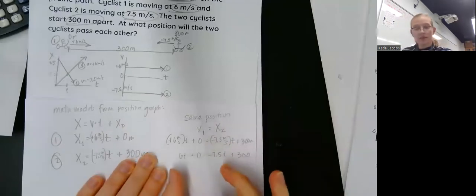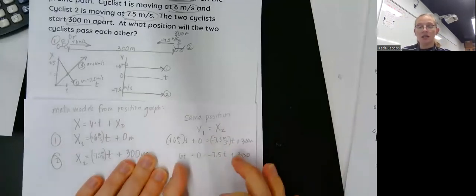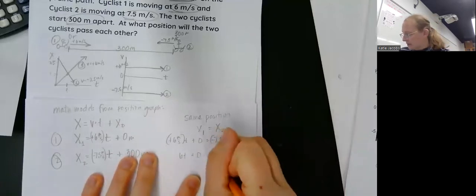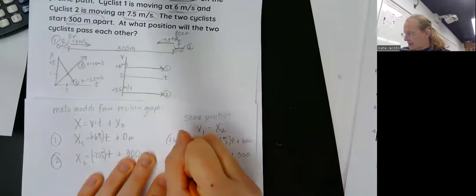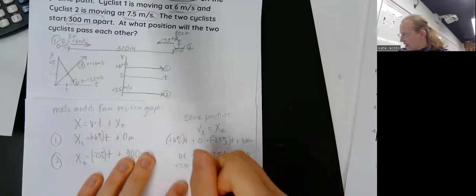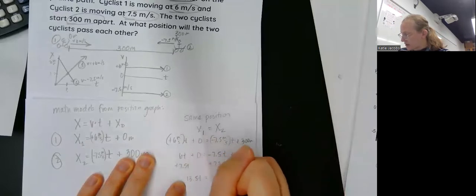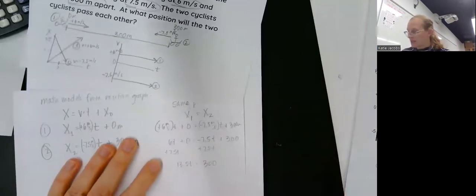These are both t terms, 6t and negative 7.5t, and they have to get combined. So I'm going to add 7.5t to both sides. So I get 13.5t equals 300. To get t, I'm going to divide both sides by 13.5.